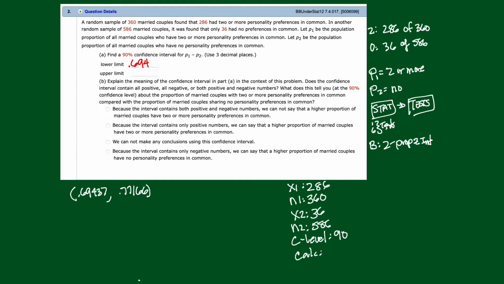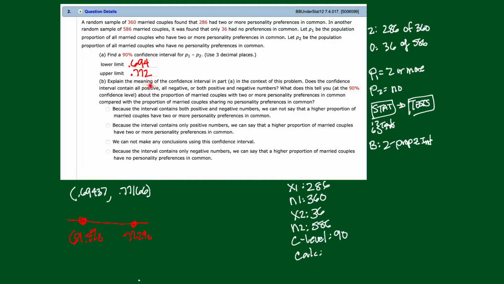So about 69.4% as a lower limit, and upper limit, 3 decimals, 1, 2, 3, all round up to 772. So this will give us 0.772. All right, so this interval is going from about 69.4% to about 77.2%.